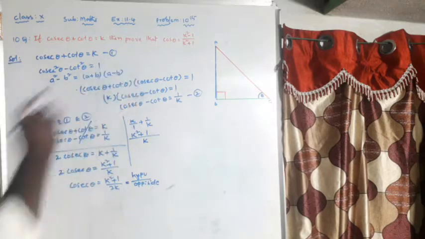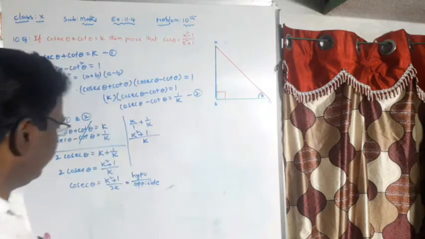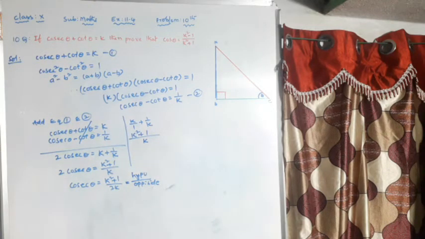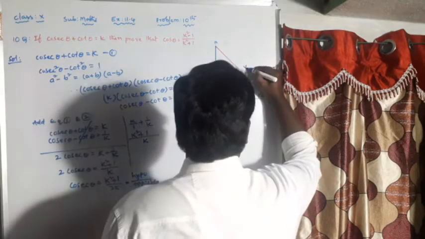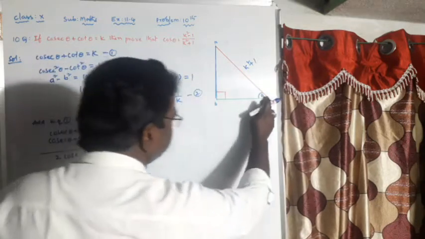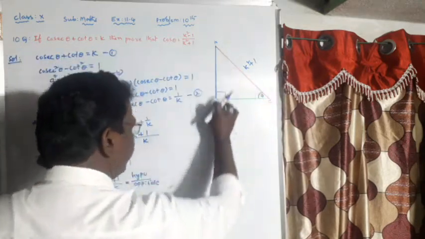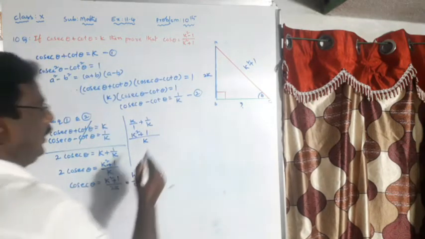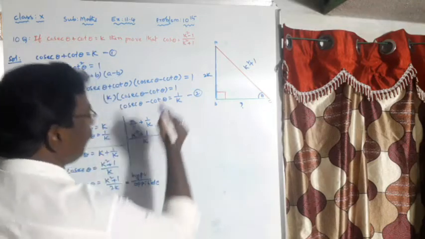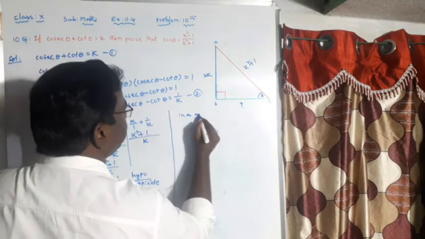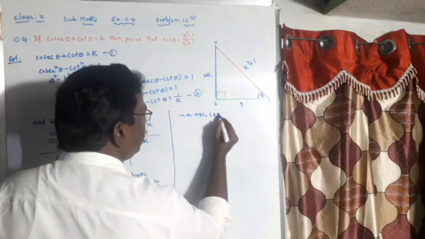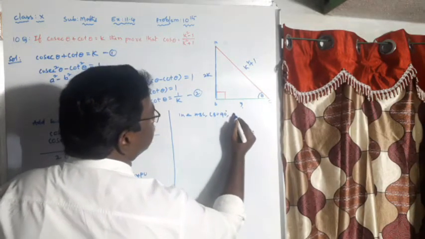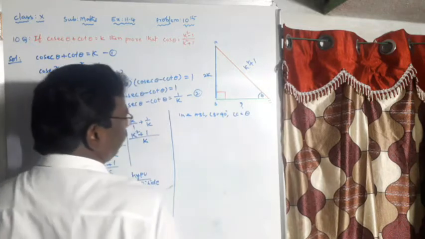Now come close to triangle. This is the right angle triangle. AC is hypotenuse. Hypotenuse given. What is the hypotenuse? k square plus 1. This is acute angle. What is the opposite? AB. AB also given. You can find BC. In triangle ABC, angle B is equal to 90 degrees, angle C is equal to theta.